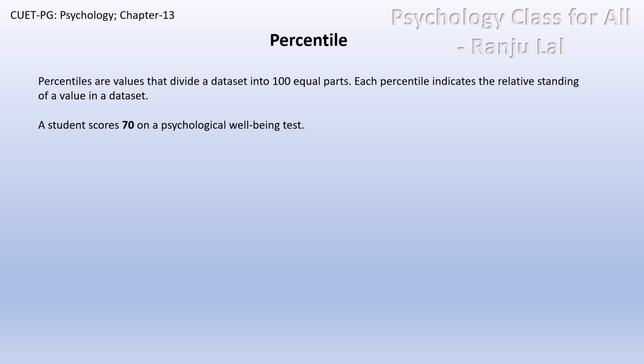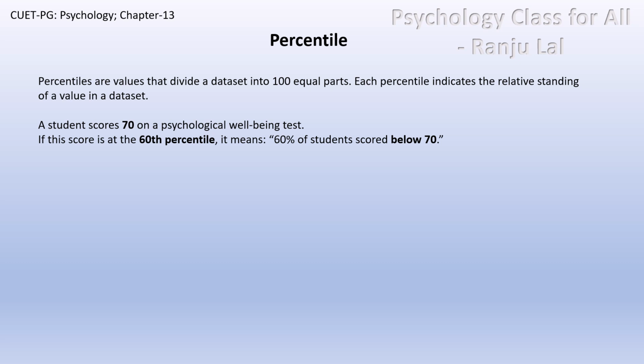Each percentile indicates the relative standing of a value in a data set. Hence, the number of percentiles for a given score series or frequency distribution may range from 1 to 100. That is, first percentile to 100th percentile.